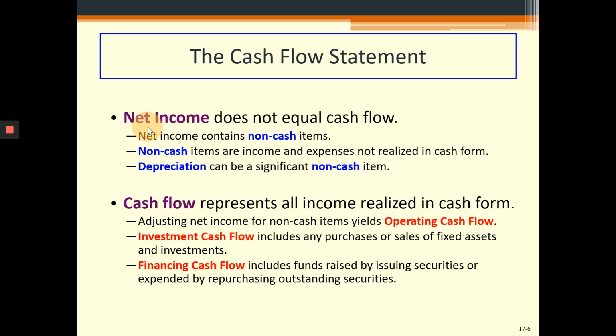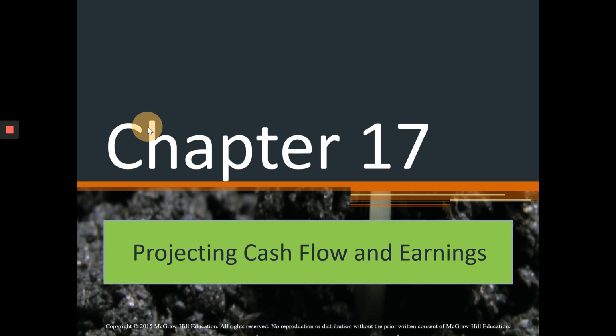In the cash flow statement, the cash is categorized under three main categories: operating cash flows, investment cash flows, and financing cash flows, right? So operating cash flows are the cash flows which are generated by the operations of the main business. Then you have investment cash flows, which is basically reflected by what investment, what major capital assets you have bought.